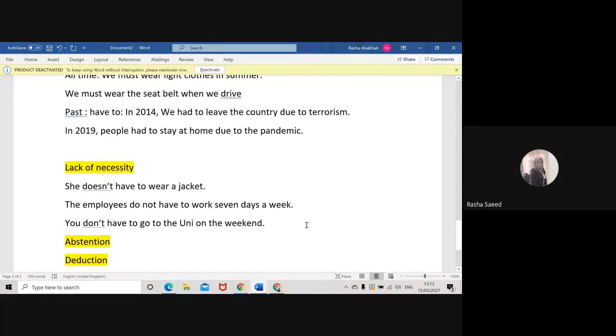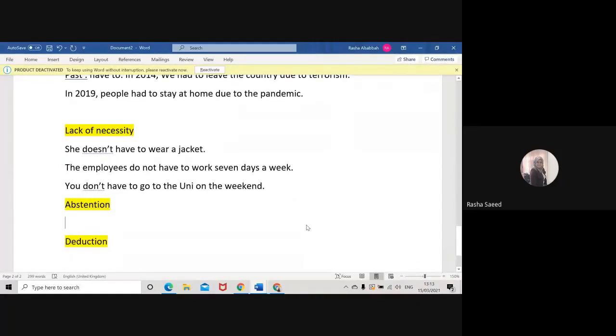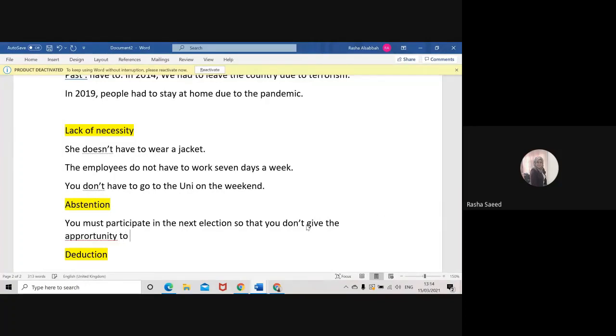Okay. When we talk about abstention, meaning it's in your interest not to do something. You, for instance, mustn't participate in the next election so that you don't give the opportunity to steal your country again.